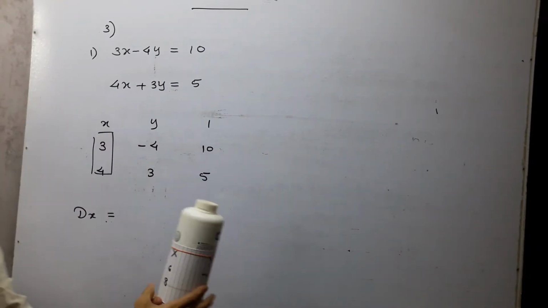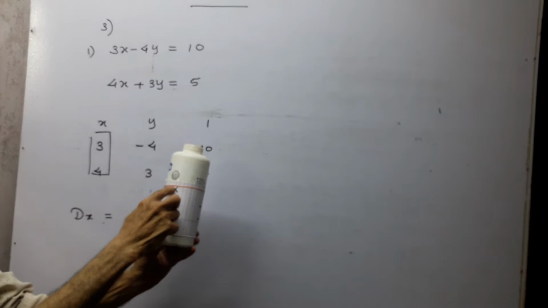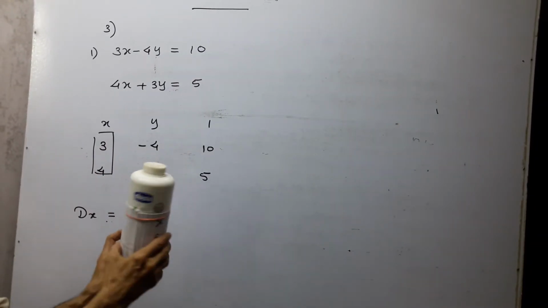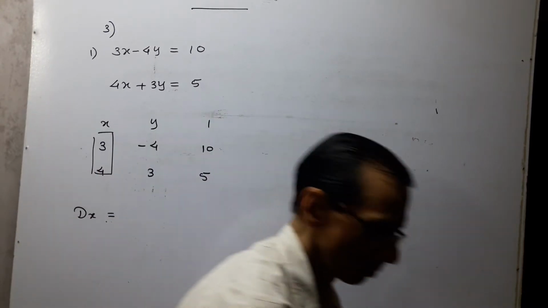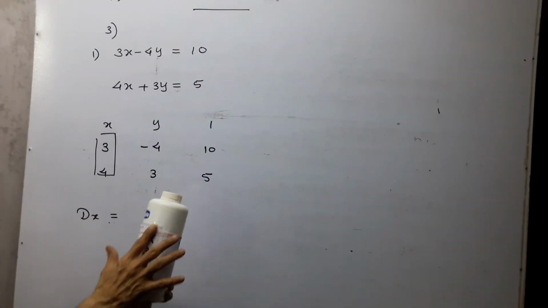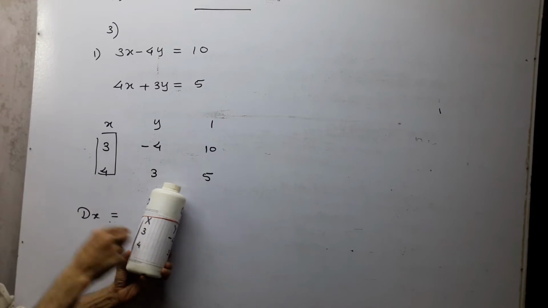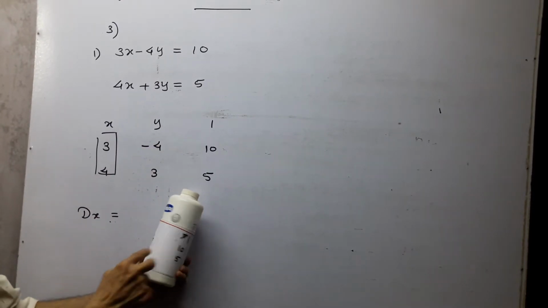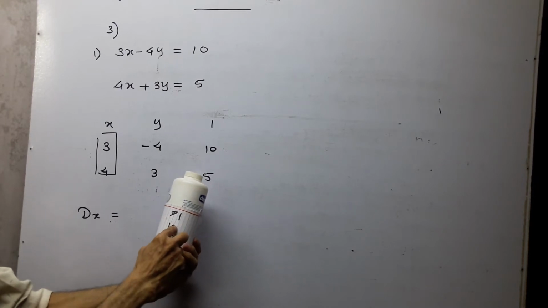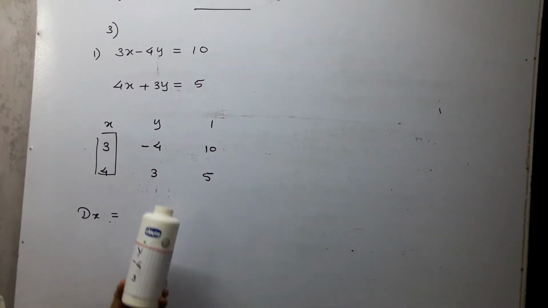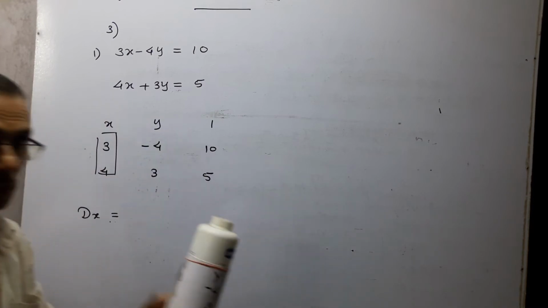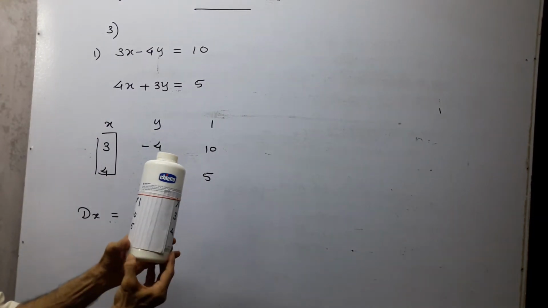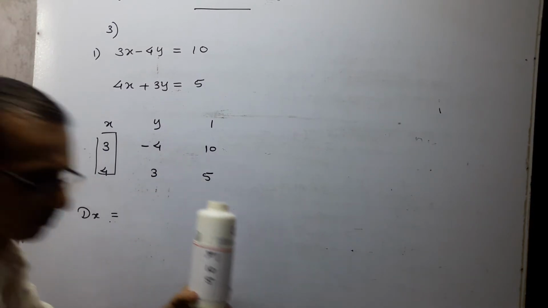Now you see, I have written x 3 4, y minus 4 and 3, and constants 10 and 5. We have to find out first dx. When we find dx, forget this x and start from here. You'll find that 10 and 5 will come first.